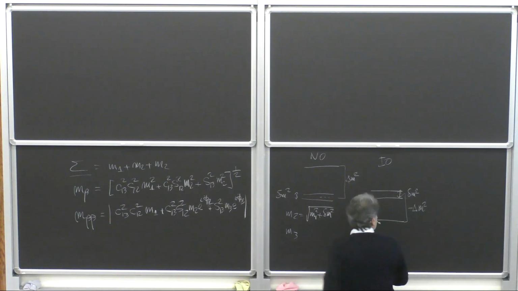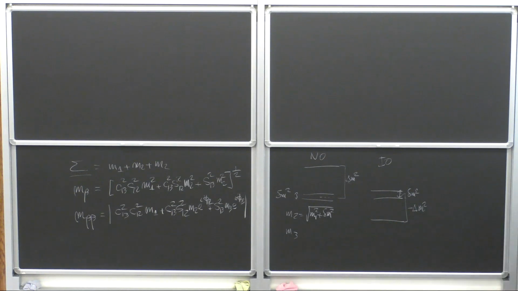Okay, so this plot contains the values that M beta beta can have at 2 sigma and 3 sigma when you fix the value of the sum of neutrino masses.